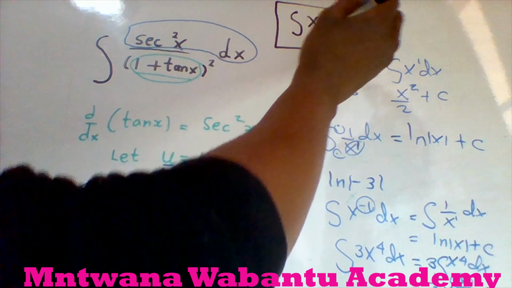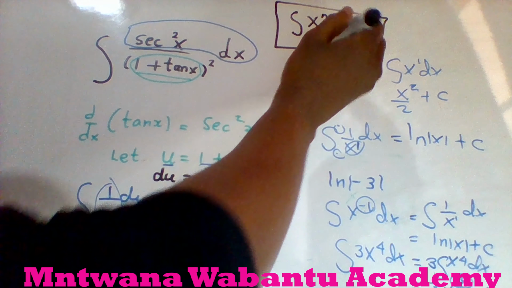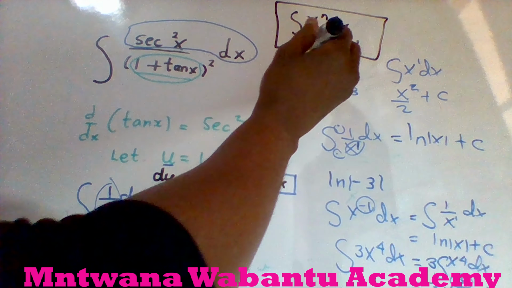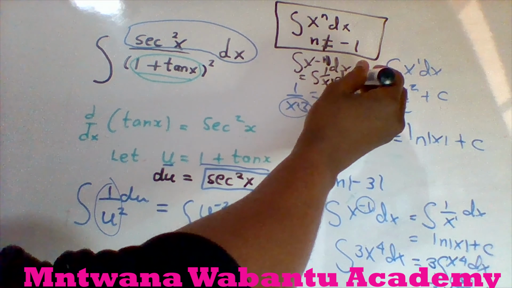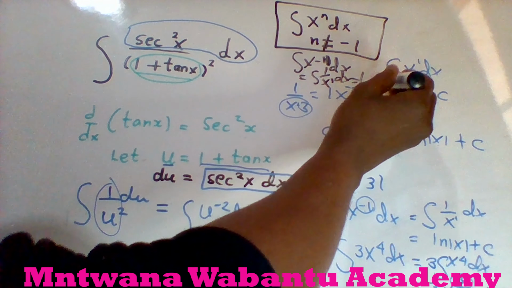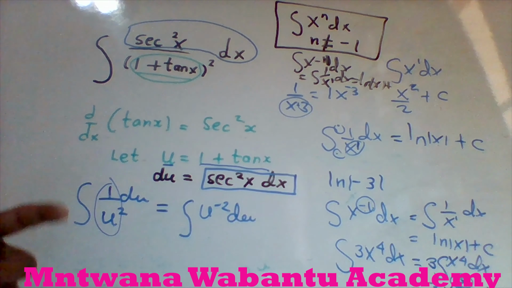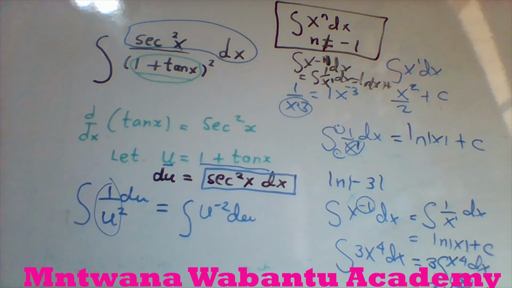Do you understand what I'm saying? Why? Because if it's the integral of x power negative 1 dx, this is equal to the integral of 1 over x dx, which equals ln of absolute x plus c, so the power rule cannot be applied.